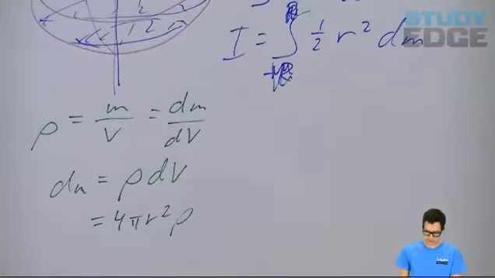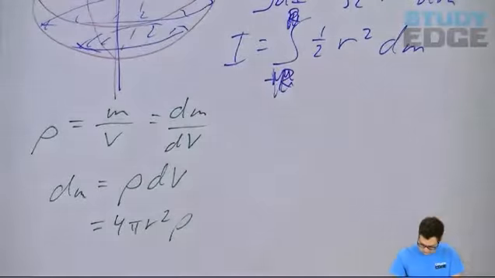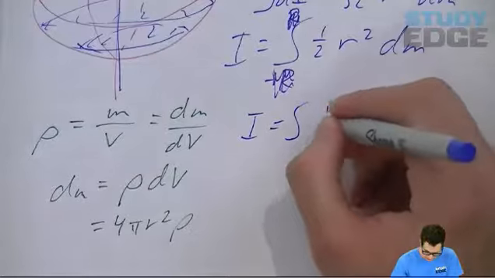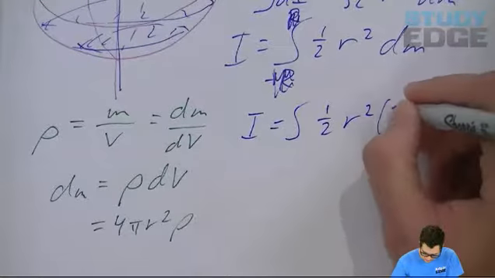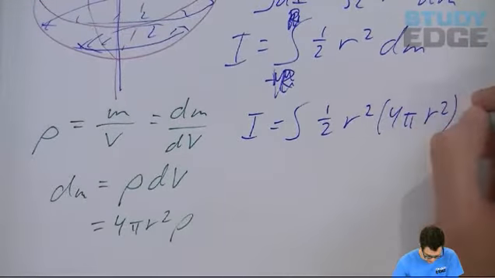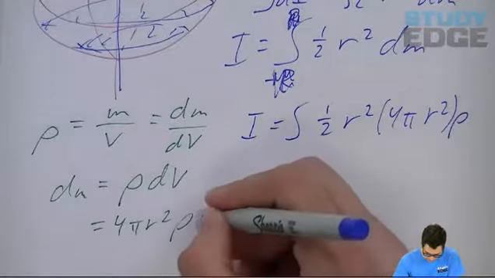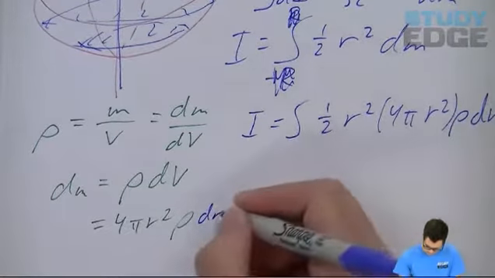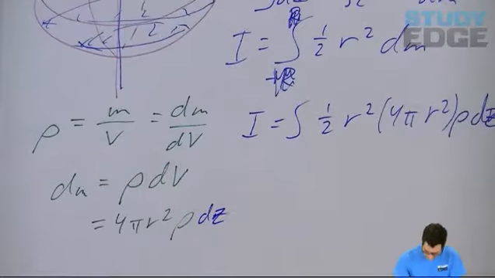So dm is equal to 4 pi r squared times rho. Going back over here, the inertia is equal to the integral of 1/2 r squared times 4 pi r squared times rho, and this would be dr. Actually, in this case we're integrating in terms of z, so that's going to be dz.